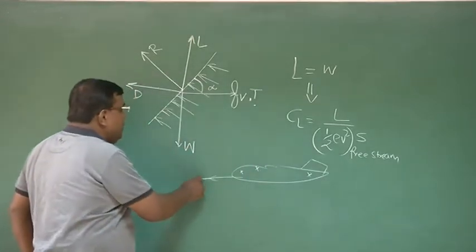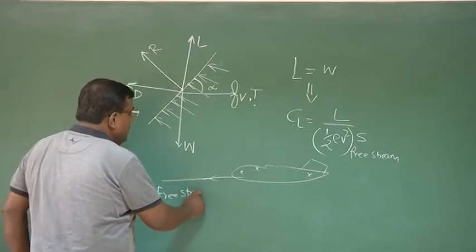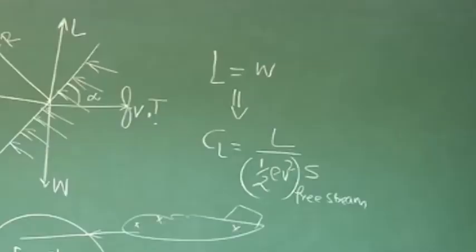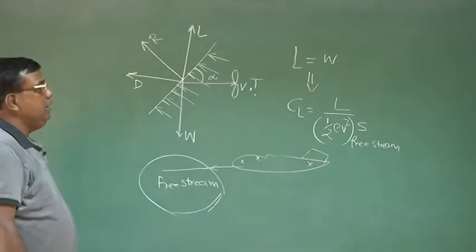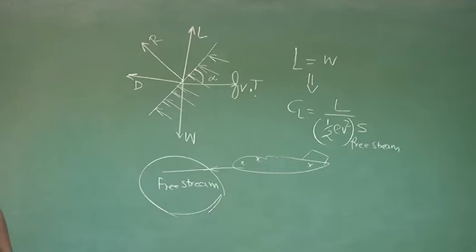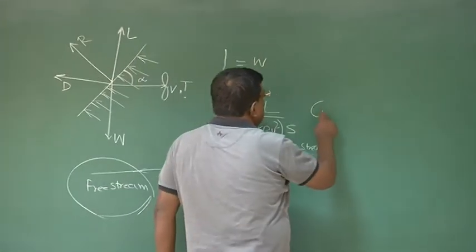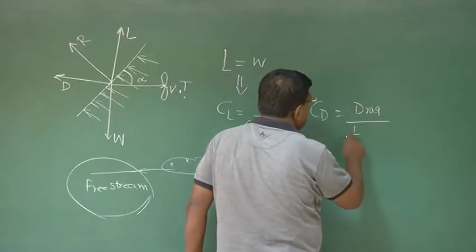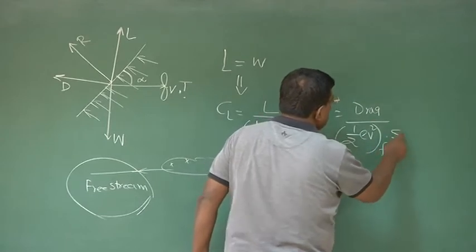For that, we choose free stream condition, meaning the condition is not affected by the presence of the body, and that is half rho v square, the free stream dynamic pressure, and S is the reference area. By now you know that S is the wing area for aircraft, right? Similarly CD, we have drag non-dimensionalized with dynamic pressure, again free stream, and wing area, right?